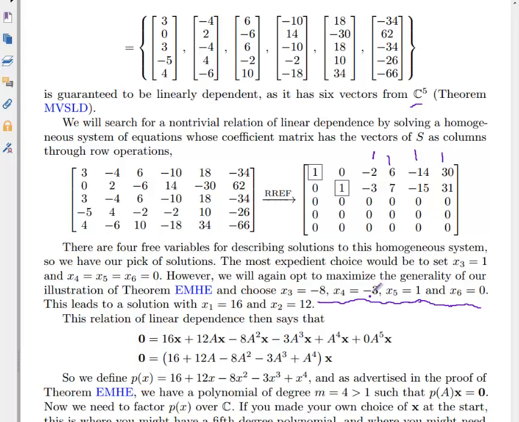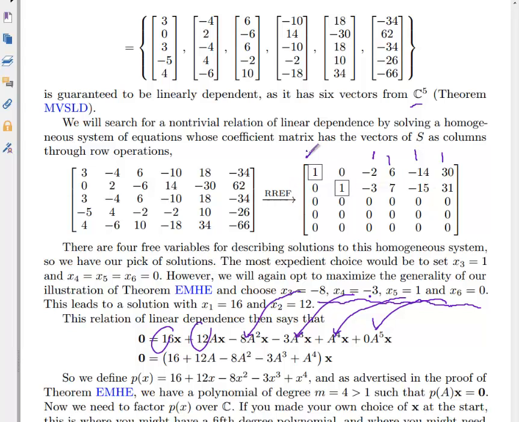Okay. Now if you make this choice, x3 equals minus 8, x4 equals minus 3, x5 equals 1, and x6 equals 0, that will determine x1 and x2. Right. So by determining x1 and x2, you plug those values in. Here's the minus 8 here, the minus 3 here, the 1 here, the 0 here, and these two were obtained by solving these two equations here.